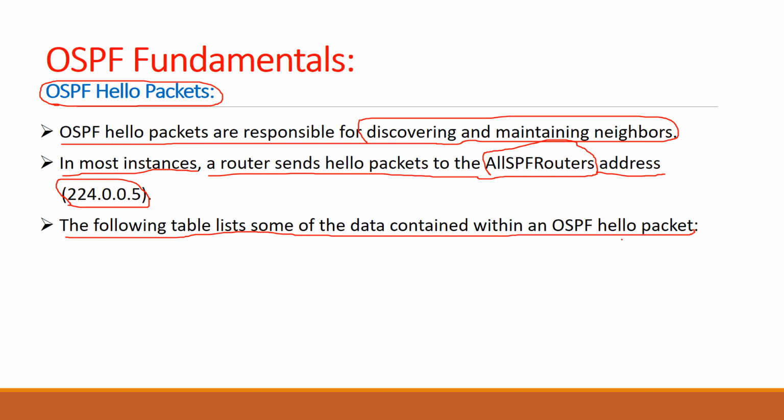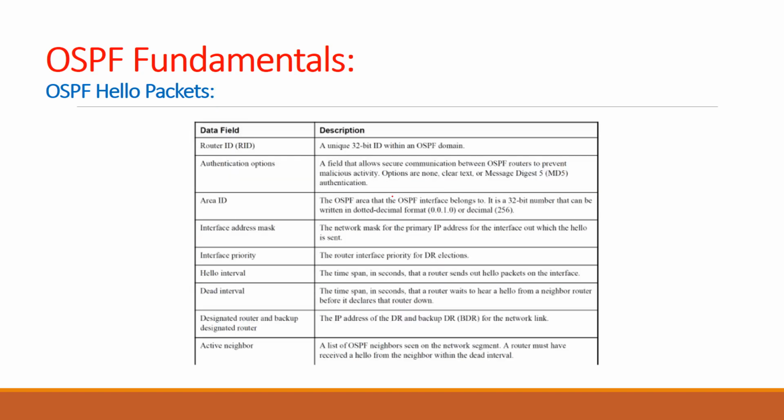So the hello packet contains some fields, and these fields are: the first one is the router ID, the second one is authentication options, the third field is area ID, interface address mask, interface priority, hello interval, dead interval, designated router and backup designated router, active neighbor.